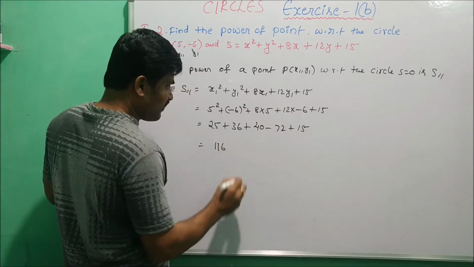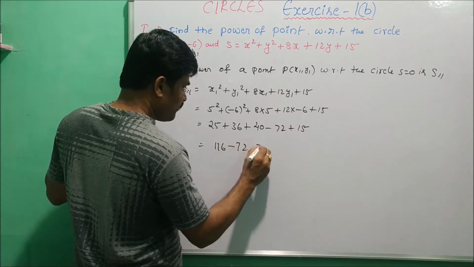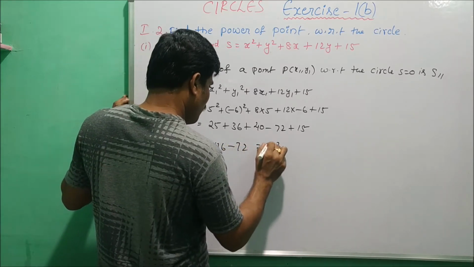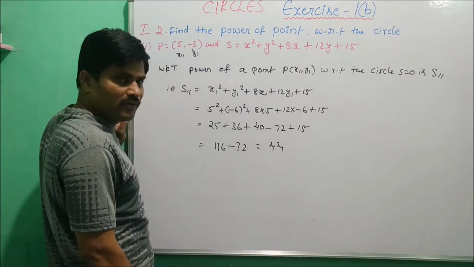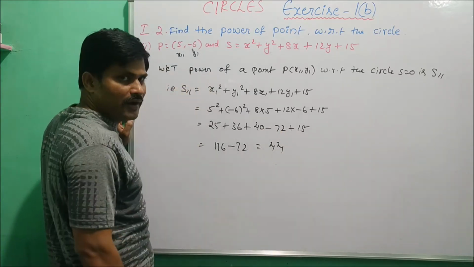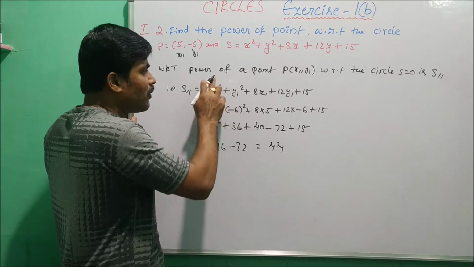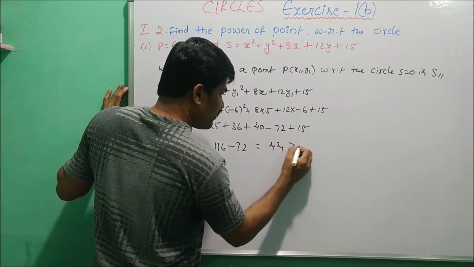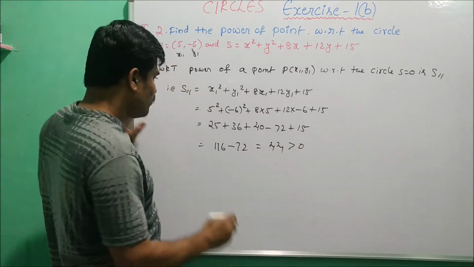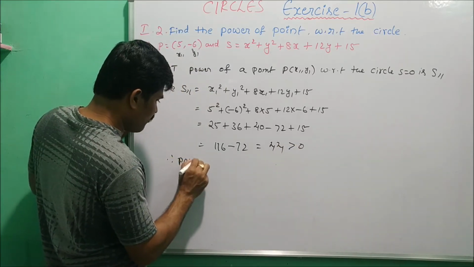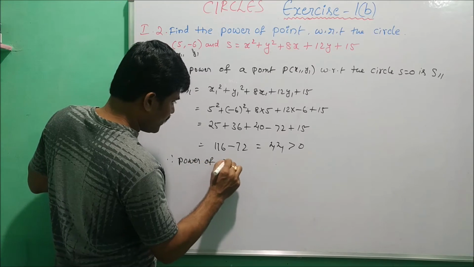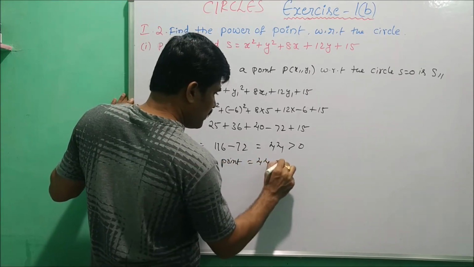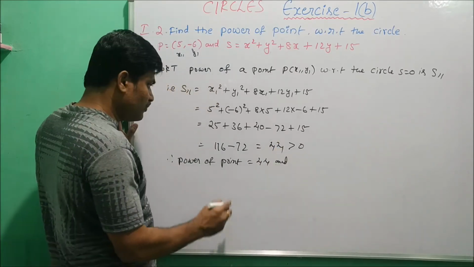So this is 116 minus 72, which is 44. So 44 is the power of the point with respect to the given circle S. Here also we have to observe this is positive. Therefore the power of the point equals 44, and this is positive.